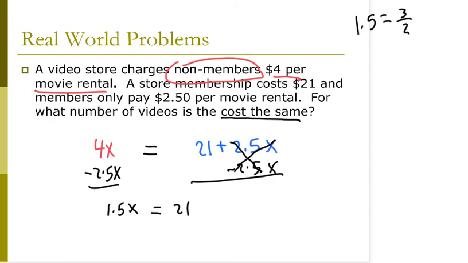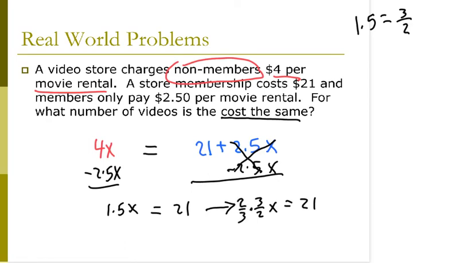So this equation, I would prefer to write it as 3 halves x equals 21. So that means that I can multiply by the reciprocal, in this case 2/3, to get the x by itself. I'd have to do the same to the other side of my equation as well.